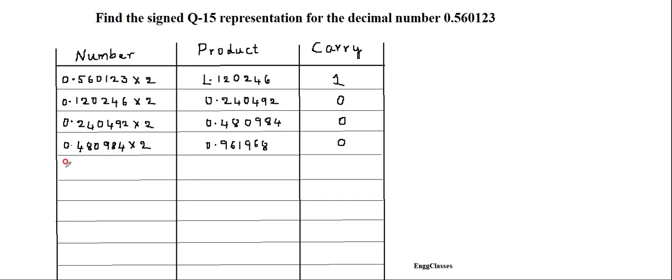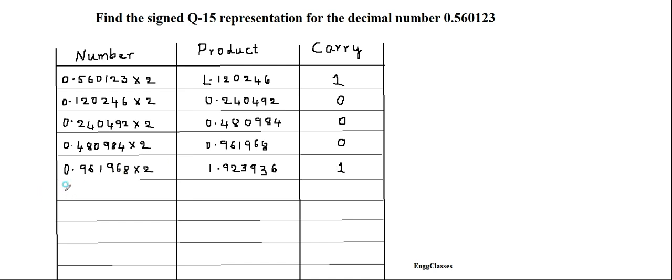Now the number is 0.961968, so multiply this by 2. What am I going to get? That leads me to the answer of 1.923936. Here the carry bit is going to be 1 this time, so let me write the carry bit as 1.